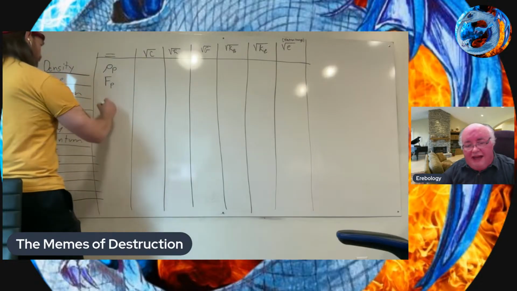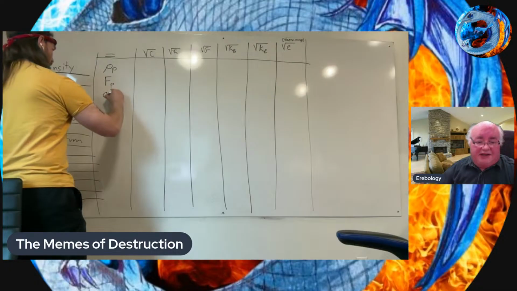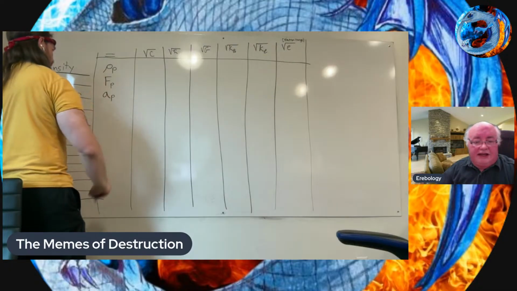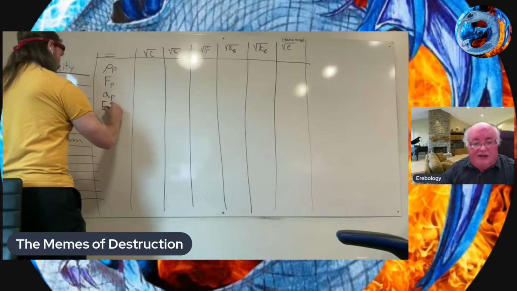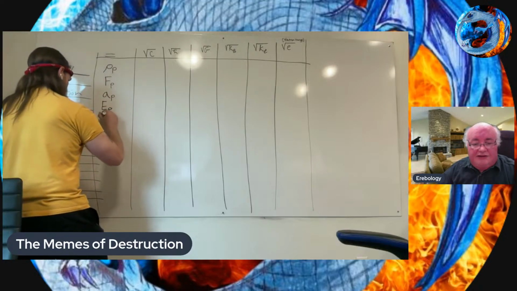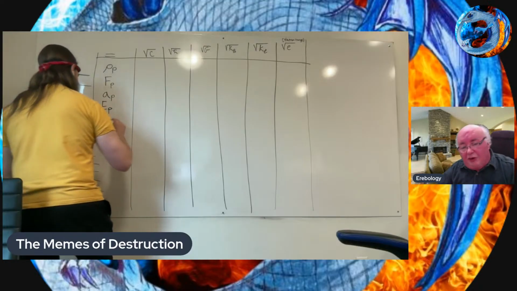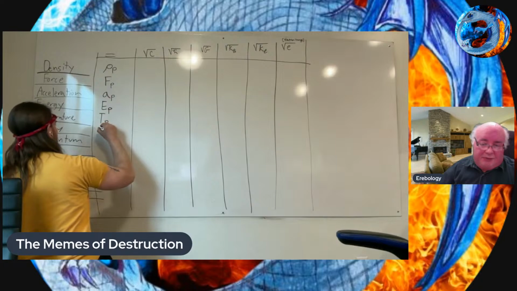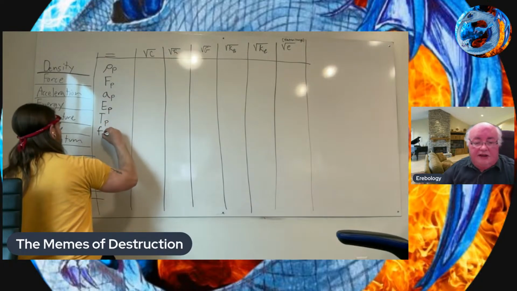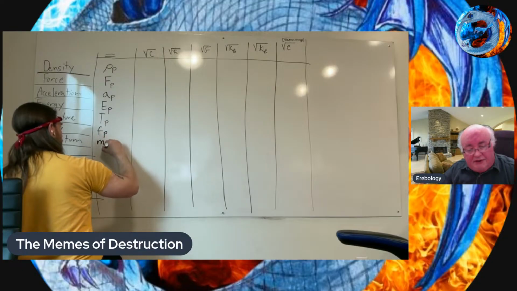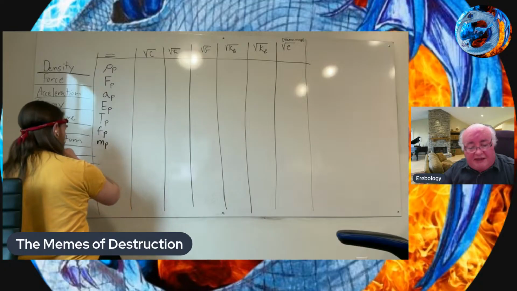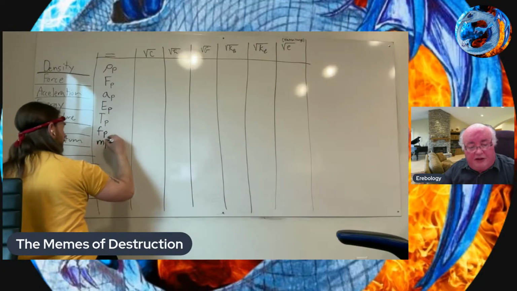Acceleration is lowercase a sub uppercase P. Energy is uppercase E sub uppercase P. Temperature is uppercase T sub uppercase P. Frequency is lowercase f sub uppercase P. Momentum is lowercase m, uppercase P, subscript, and then that's multiplied by c, the speed of light.